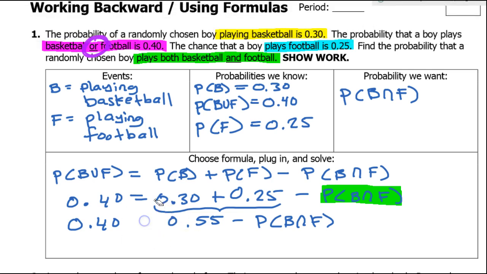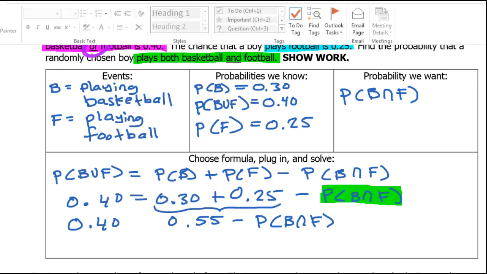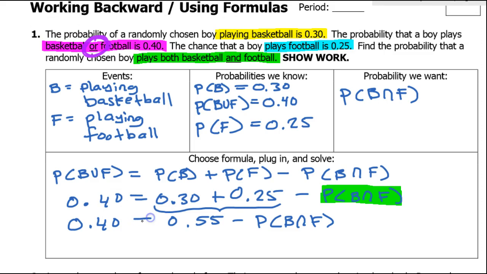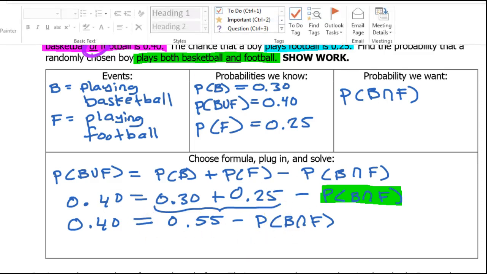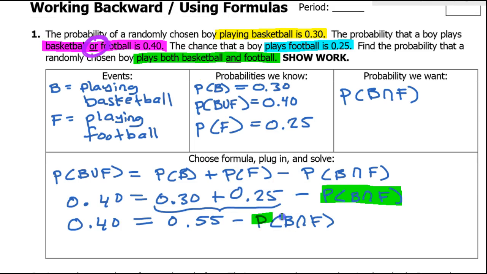Hold on, my equal sign looks a little bit too much like a minus. Okay, so again, I still need to get this part by itself. So that's why now I'm going to subtract 0.55 from both sides.